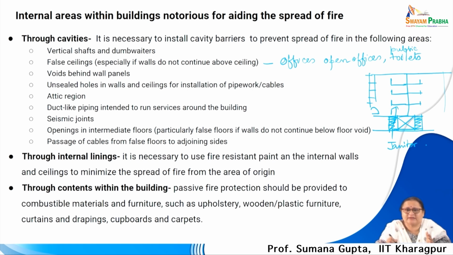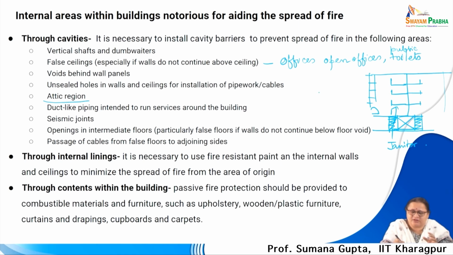So, one has to be very careful while planning such kind of offices, open offices, toilets, means public toilet or common toilet areas which are associated to the larger space. Unsealed holes in walls and ceilings for installation of pipe works, cables may remain unaddressed in plugging in. So, these are the points to be mentioned.